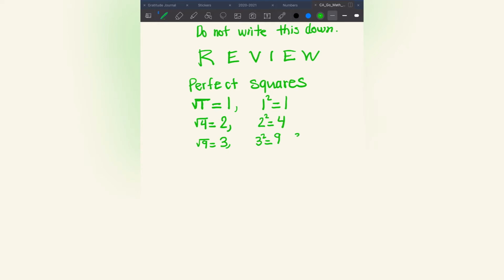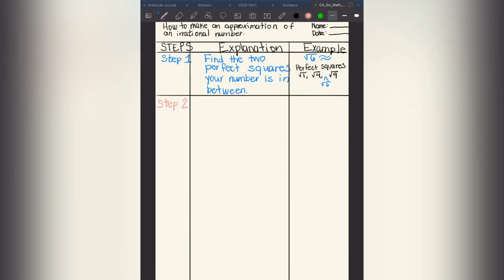These are the other perfect squares. The square root of 4 is 2 because 2 squared is 4. Squaring a number is multiplying it by itself, and that's how we know those are perfect squares. And if you see, they go in order, 1, 2, 3, 4, 5, 6, you square those and that's how you find the perfect squares.